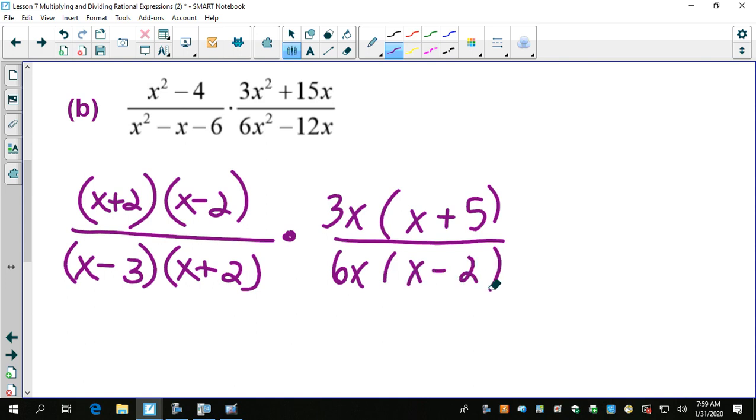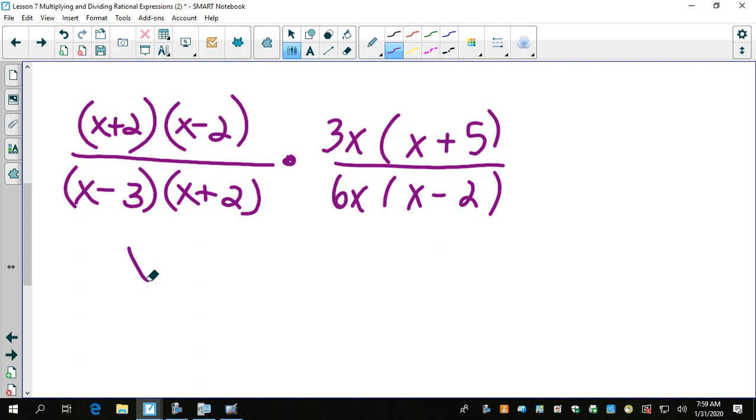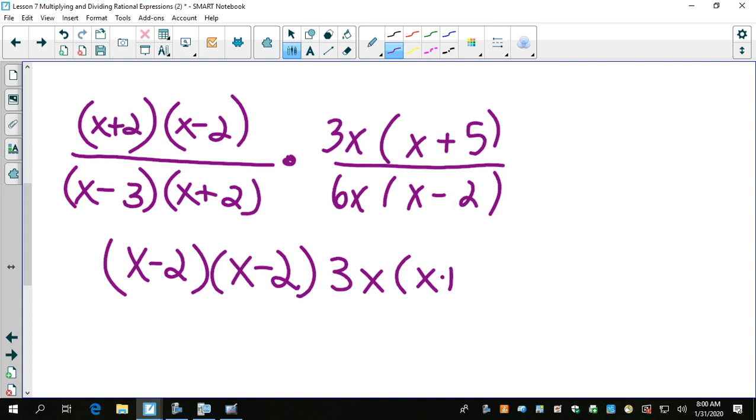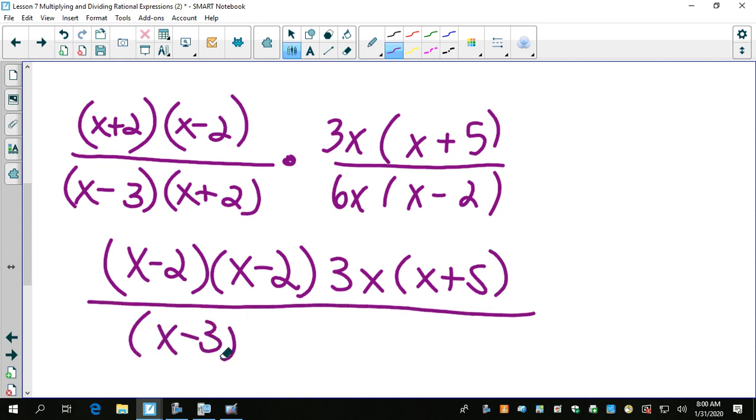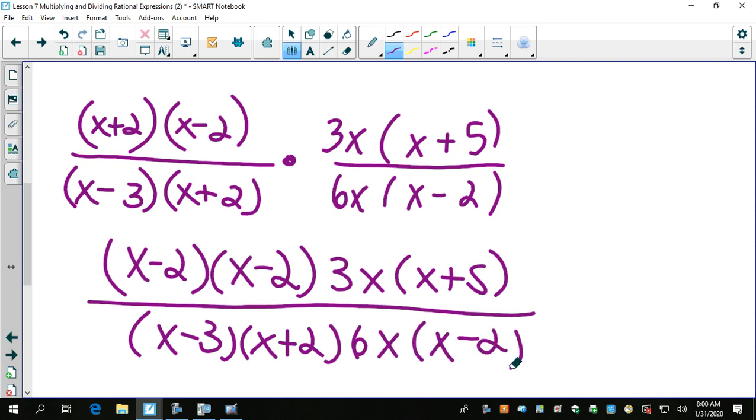Now, you know how we multiply fractions across? So now technically, this becomes one big fraction where the only thing I can cancel out are like factors.